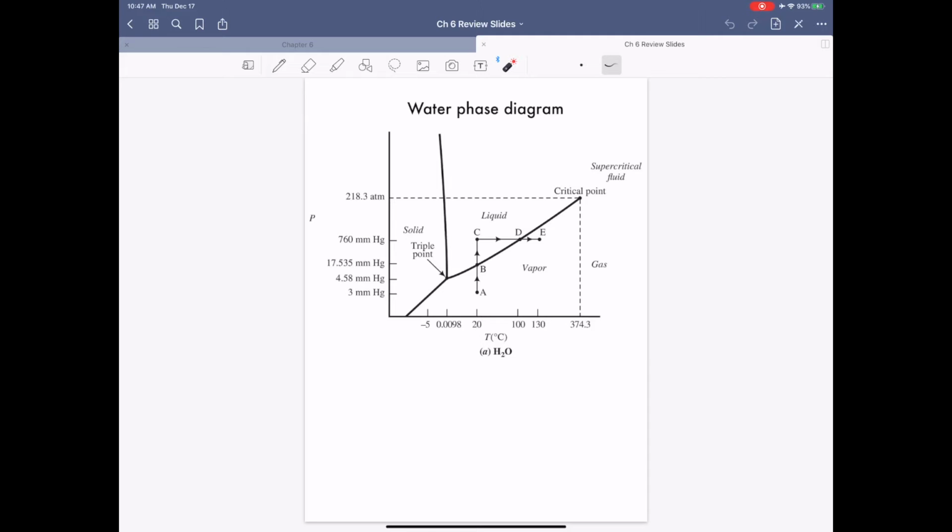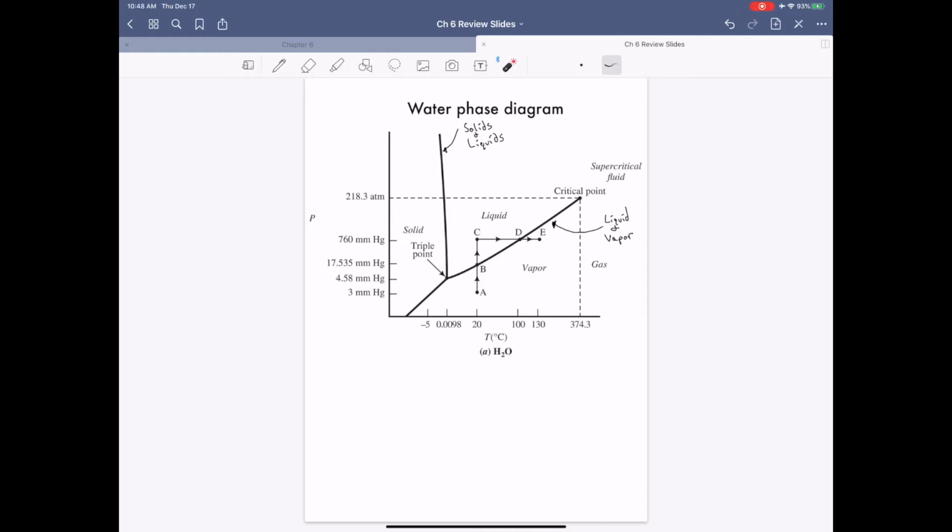At these coexistence lines, we have multiple phases that are in equilibrium with each other. For instance, over here on this line, we have liquid and vapor. If we have pressures and temperatures that correspond to this line, we're going to get solids and liquids.